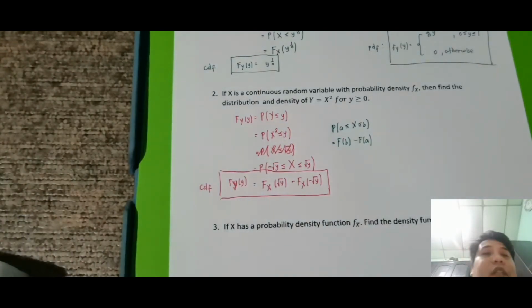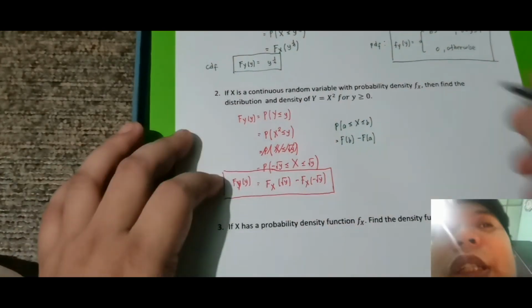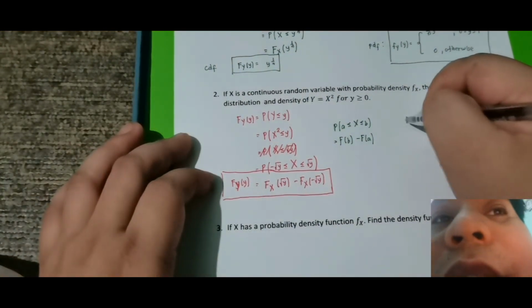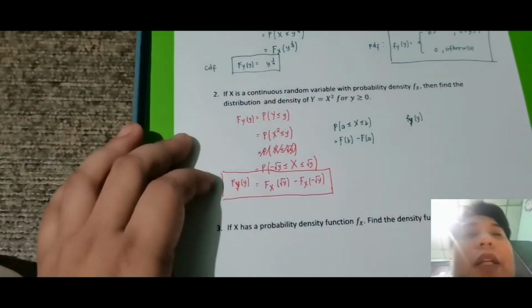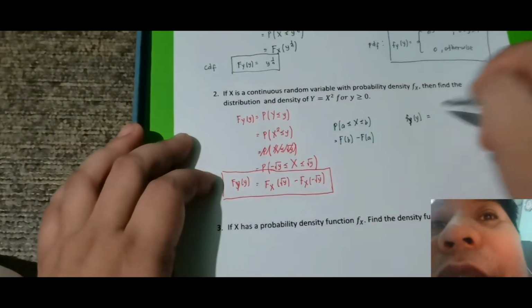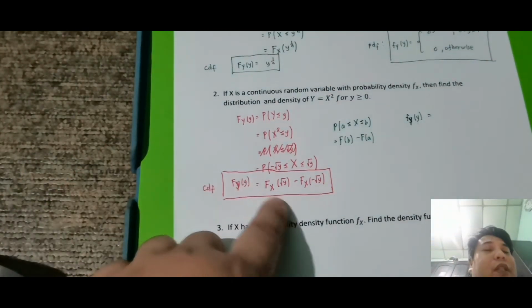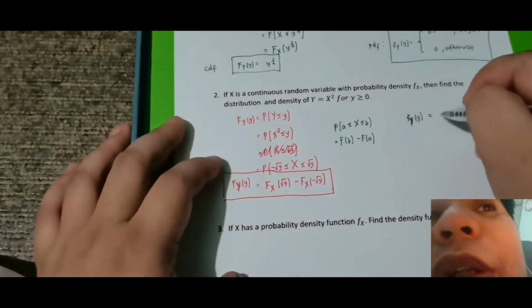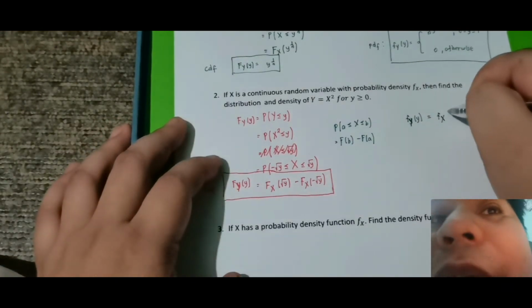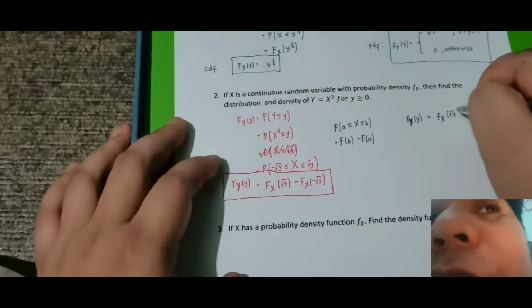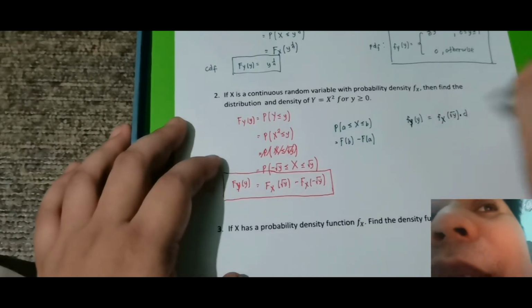Okay, so next is the density function. Differentiate lang natin ito. So this is simply small f of y, f sub Y of y, is just equal sa f sub X, small f rather, of X of square root of y times the derivative.